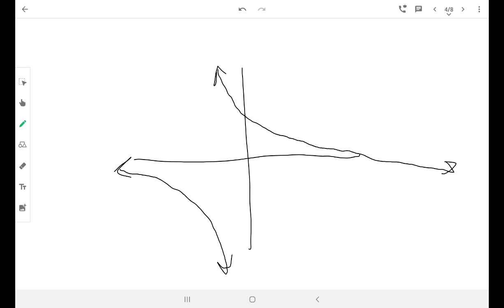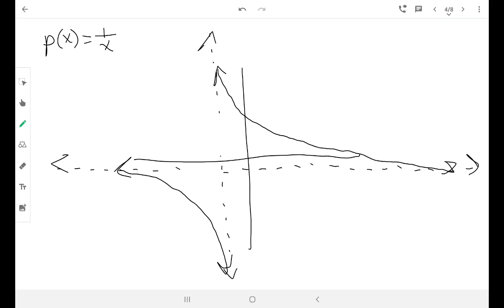And what if I told you that the parent was 1/x, and I want you to give me this function? Well, here's what you could do. You could say, okay, it looks like there's a horizontal asymptote there. It looks like there's a vertical asymptote there. And what I would do is I would say, let's assume there's only shifting. Okay, because if they're stretching, again, let's say the only possibilities are shifting and flipping.